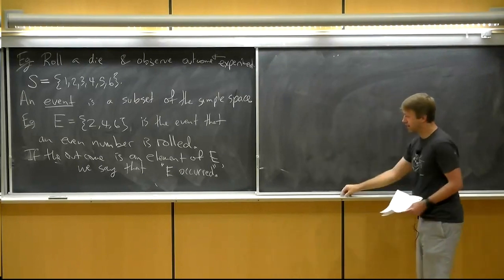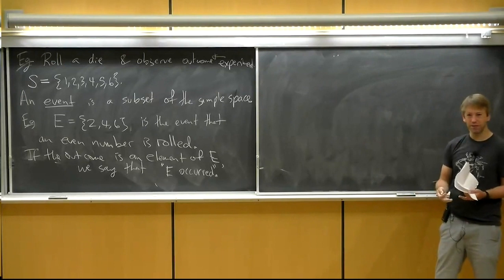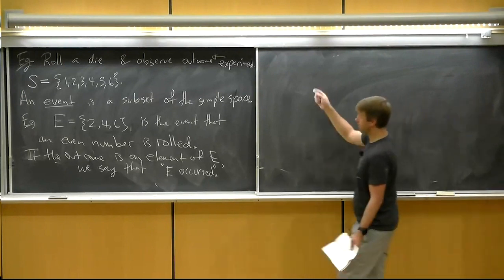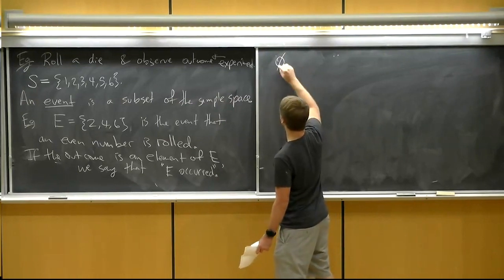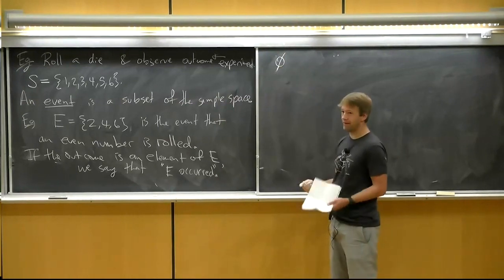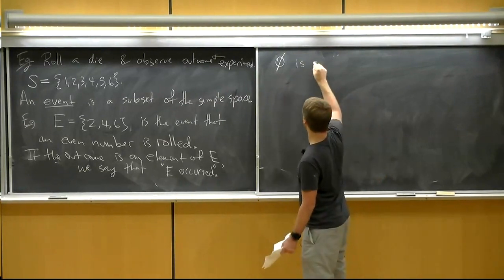So note that this definition of event does give you some strange possibilities. Like, for example, the empty set. Well, the empty set is a subset of every set. So technically, this is an event.